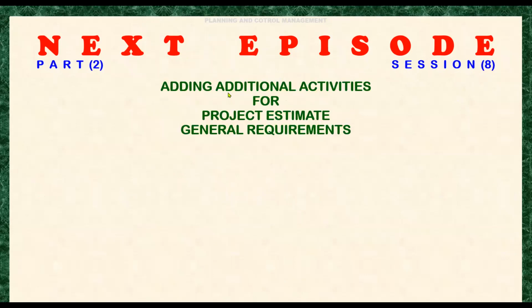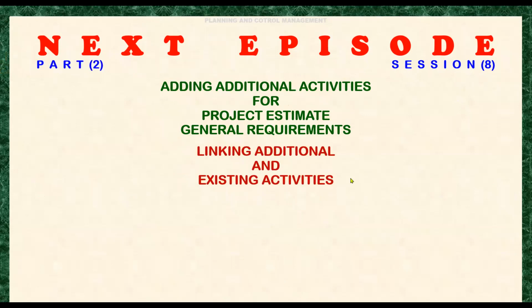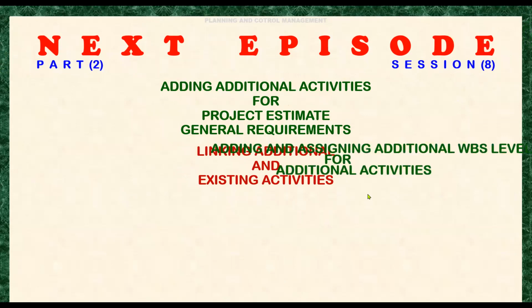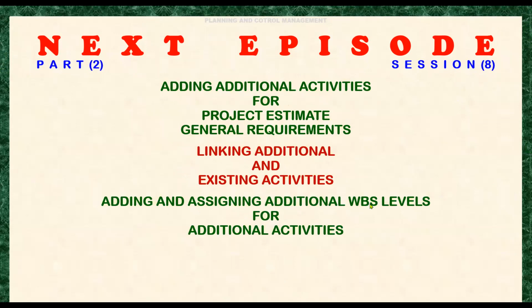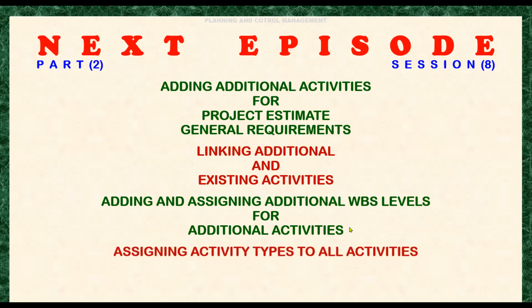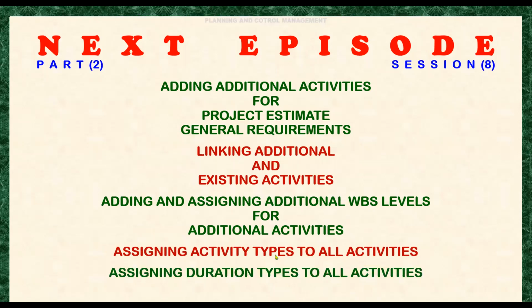The first one is adding additional activities for project estimate general requirements. The second one is linking additional and existing activities. The third one is adding and assigning additional WBS labels for additional activities. The next one is assigning activity types to all activities. And the last is assigning duration types to all activities.